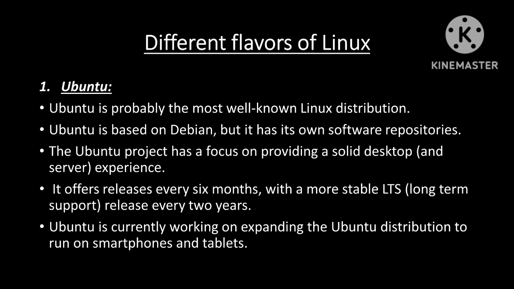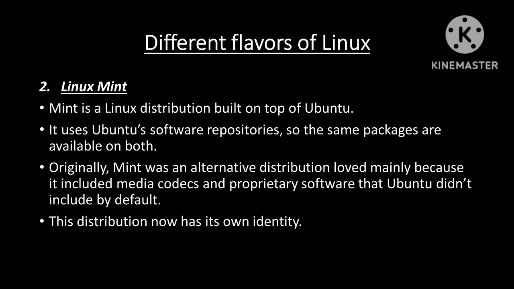Ubuntu is currently working on expanding the Ubuntu distribution to run on smartphones as well as tablets, along with PCs. Then number 2 is Linux Mint. Mint is a Linux distribution built on top of Ubuntu. It uses Ubuntu software repositories, so the same packages are available on both.